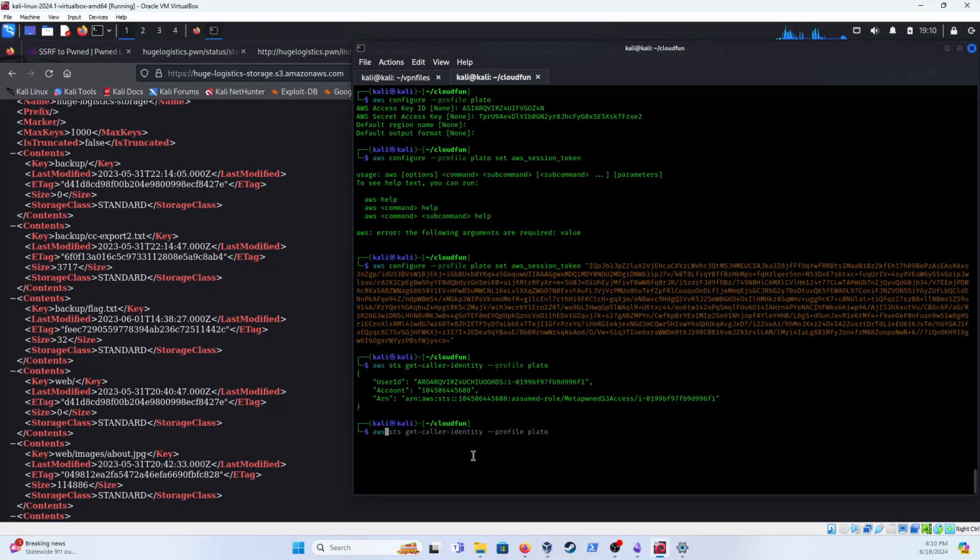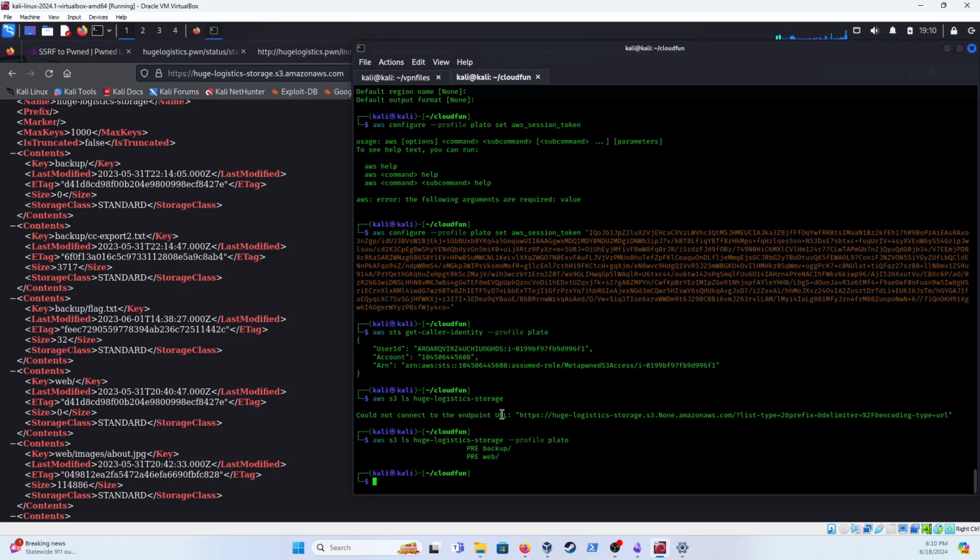Let me just retype it. So it's aws, that's the tool we're using. And we're going to be using the S3 service to ls or list huge-logistics-storage. And let's see what happens. And oh, I messed that up because we need to actually give it the profile. So we'll do that profile.